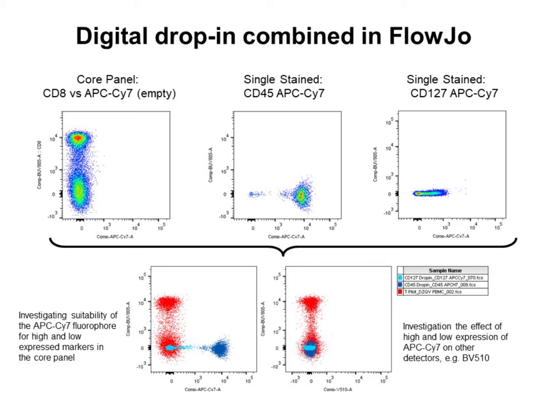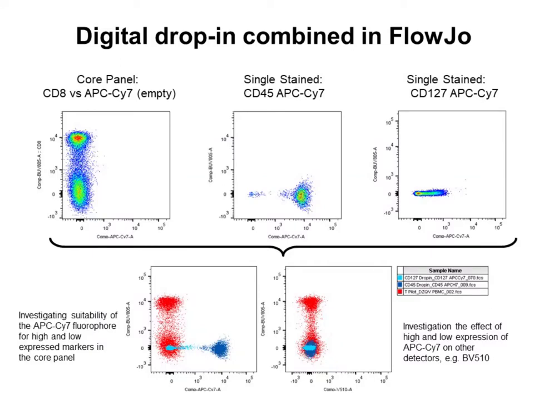The first plot on the left is the core stain sample, displaying the CD8 expression and how it spills in the APC Cy7 channel. The middle plot and the right plot are CD45 in APC Cy7 and CD127 in APC Cy7, single stain cells.